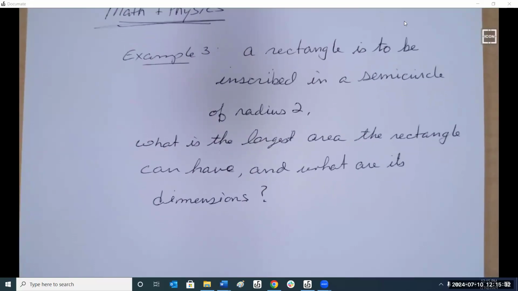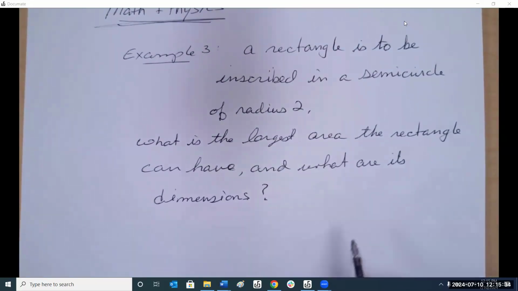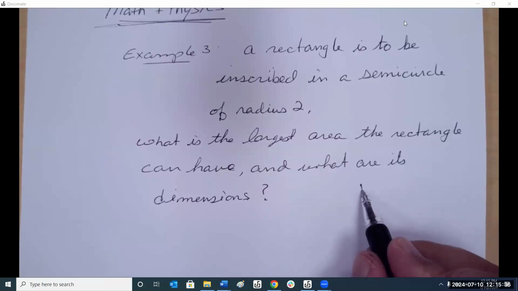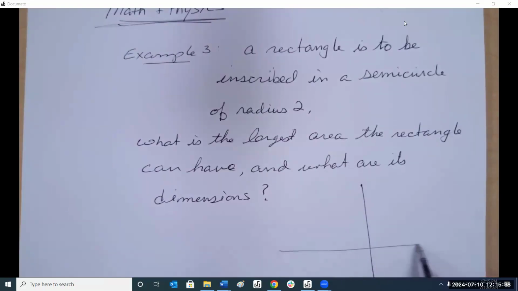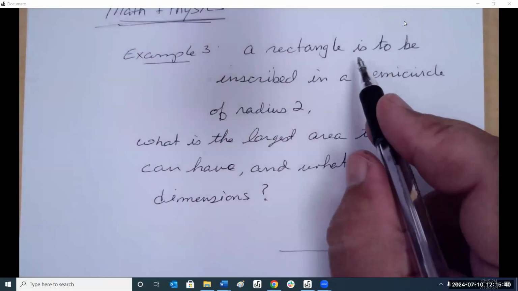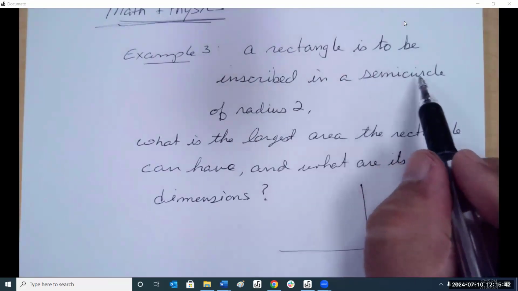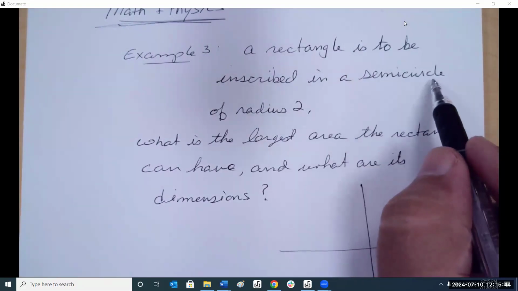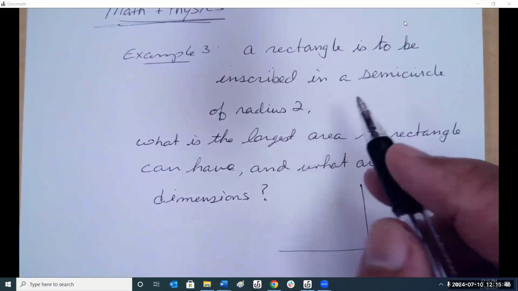Again, let's interpret this as a graph. A rectangle is to be inscribed into a semicircle of radius 2.